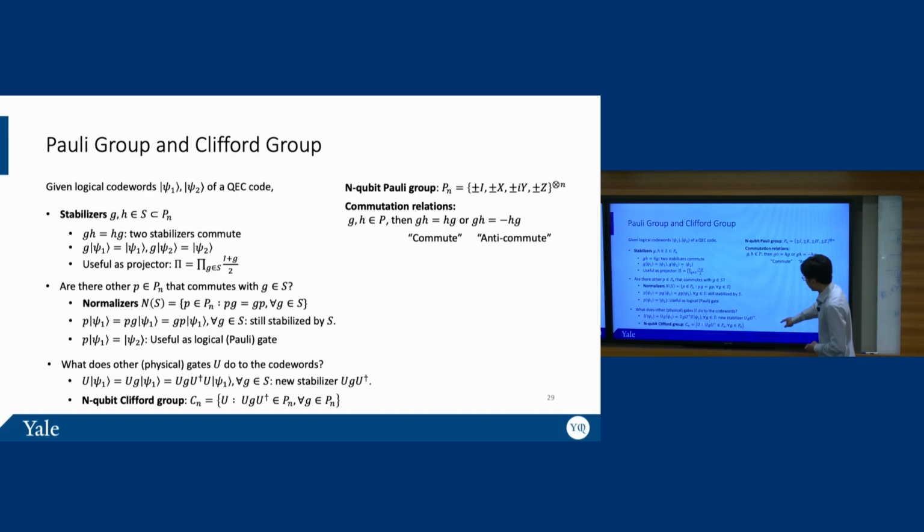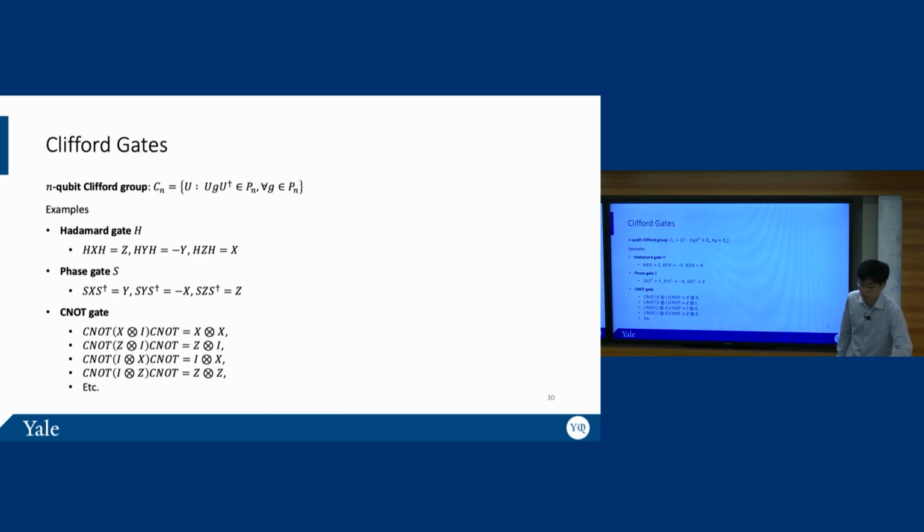So when the new stabilizers fall back into the Pauli group, they are nicely defined. We can still use stabilizer formalism, the Pauli stabilizer, to describe it. So if we enforce this new stabilizer to be an element of the Pauli group, we know that such unitaries are called Clifford. Examples of those gates are Hadamard gate, phase gates, and CNOT gates.